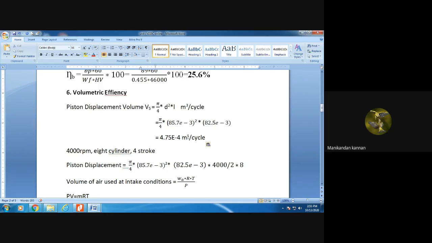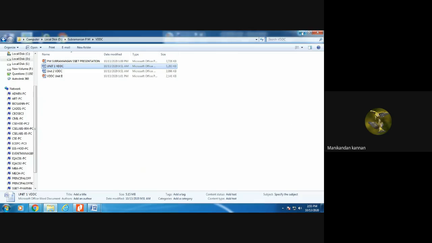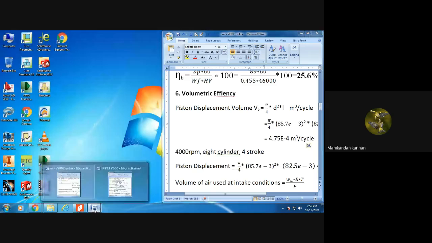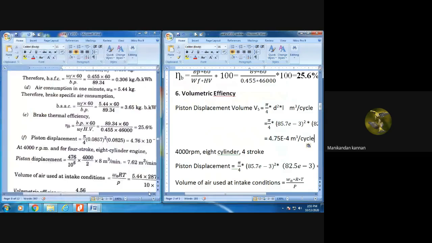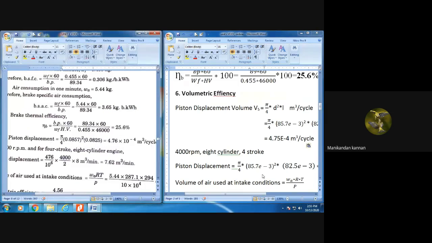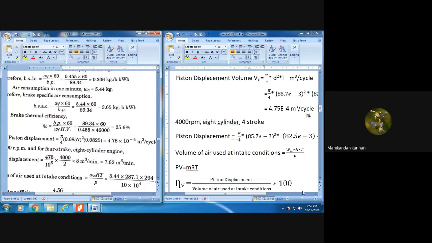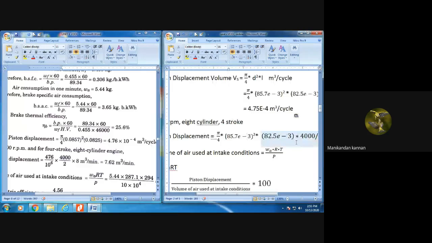Okay. Now I am going to find, for the entire operation of my engine, what is my piston displacement. So this is the formula. I have to multiply with the number of cylinders and the stroke, four stroke. So now I will simplify this.